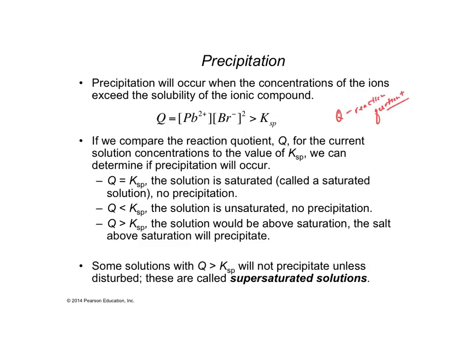K is just the equilibrium constant expression. Q took on the exact same form, except for Q the concentrations were not at equilibrium.